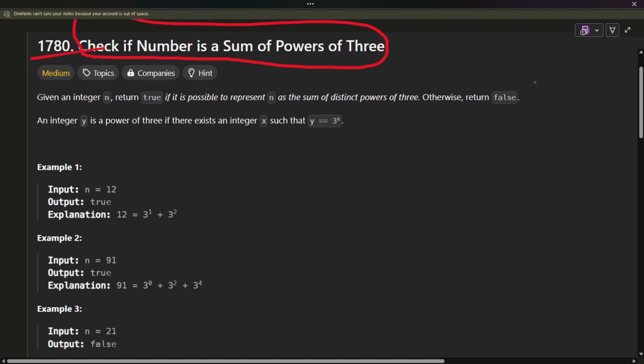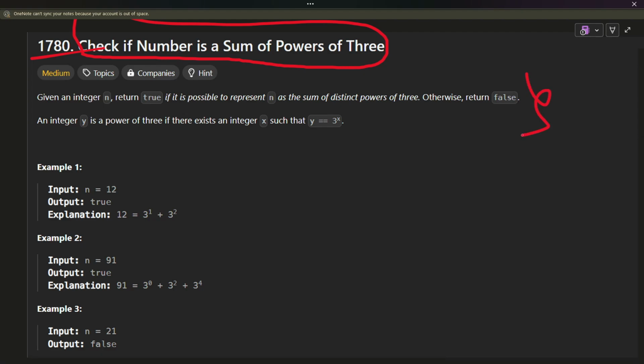First, just understand what the problem is all about. We are given an integer n, return true if it is possible to represent n as a sum of distinct powers of 3. Otherwise, we have to return false.